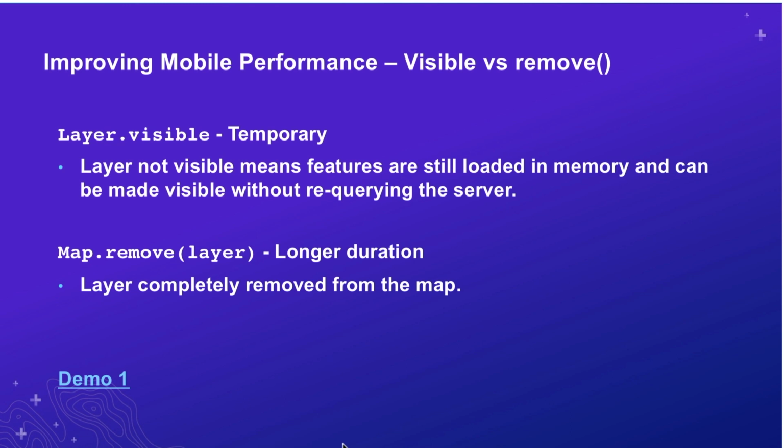If you need the layer removed for a longer duration, or you simply don't need it at all, then the map.remove method will completely remove it from your map. And depending on which browser you're using, eventually, at some point, it should be garbage collected and the memory should be freed up.